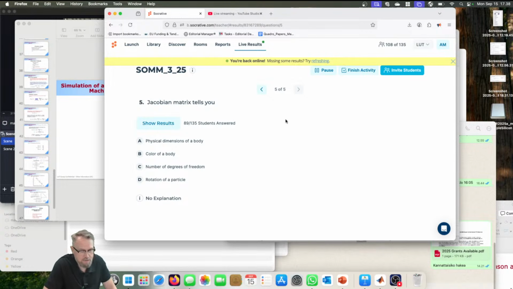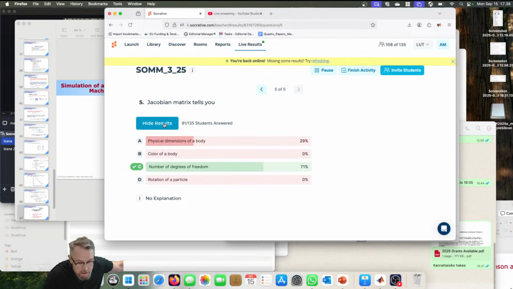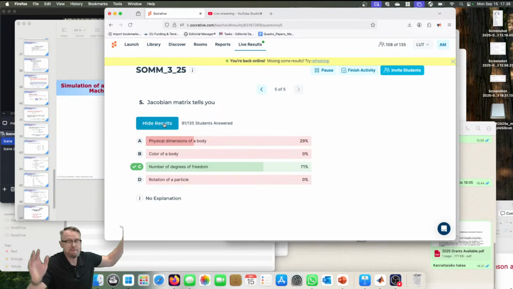You guys want to see what 100% looks like? 90. Now the last ones are not following the lecture, so we better close this. Fantastic. Not because of the 100%, but no one is saying the rotation of the particle. So we're making progress. We are making progress here.